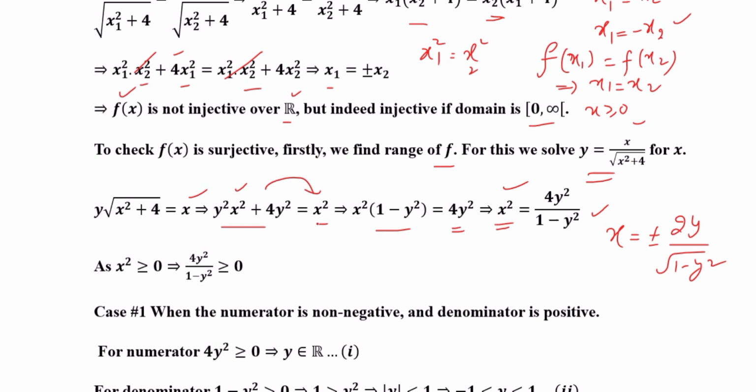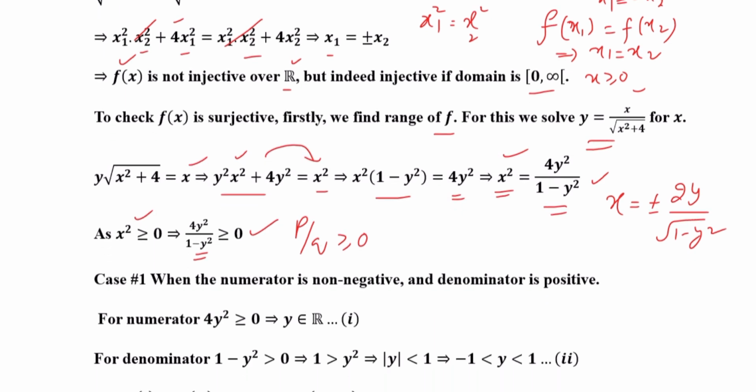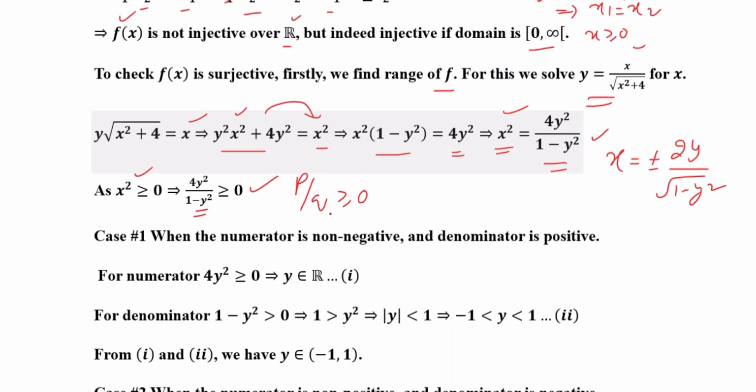So as x square is a non-negative quantity, this implies the right side is also greater than or equal to 0. This is a p over q form which is greater than or equal to 0 here. This is possible in these cases. As you know, a fraction is non-negative when the numerator is non-negative and the denominator is positive.